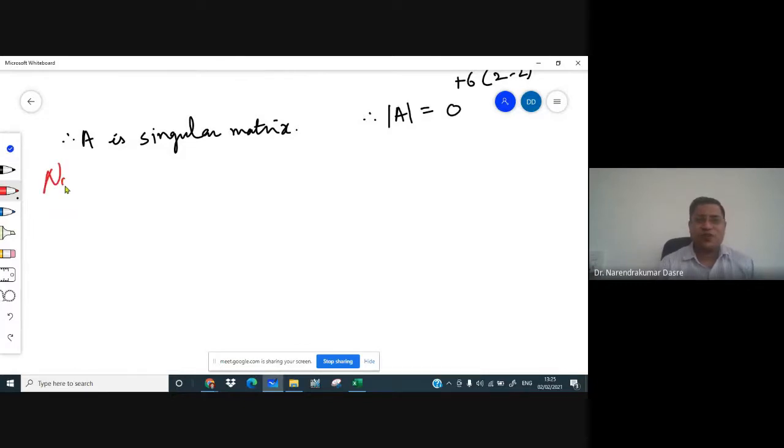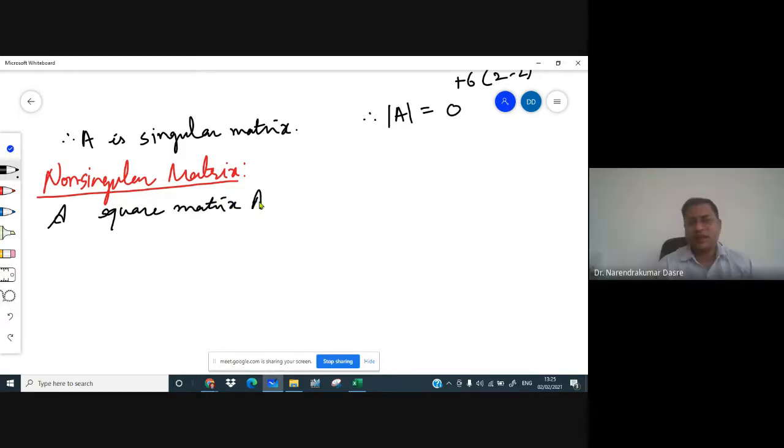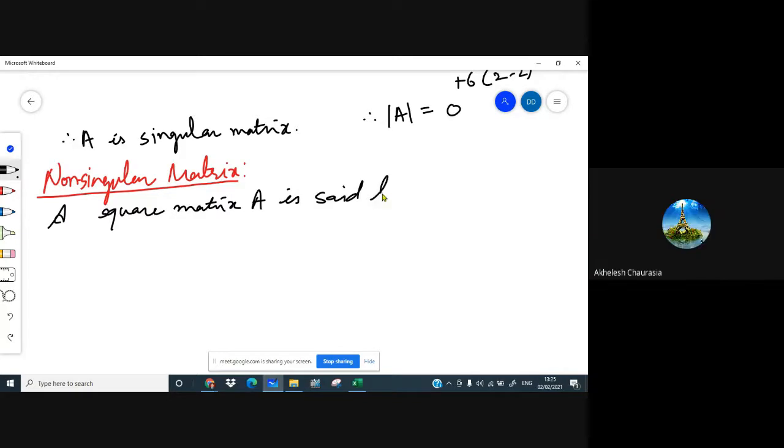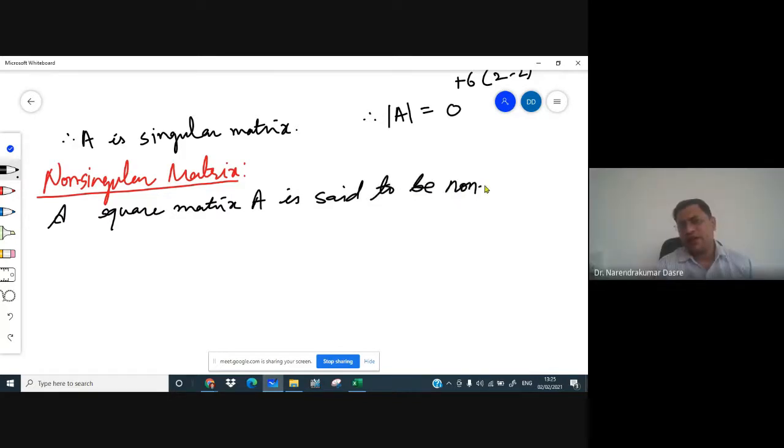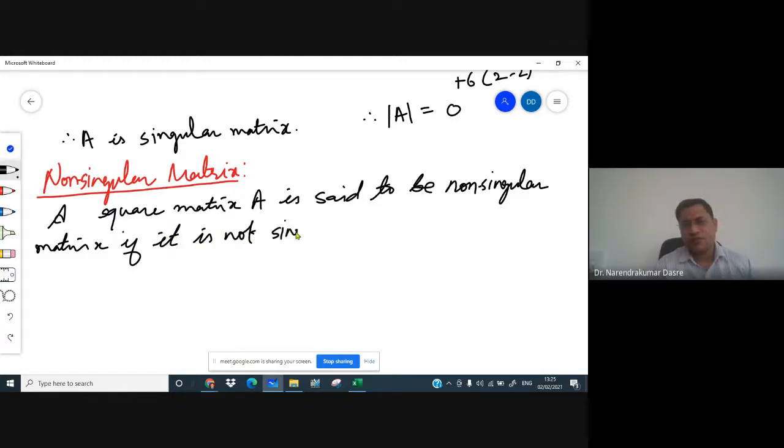So a square matrix A is said to be non-singular if it is not singular, that is, the determinant of A is not equal to 0.